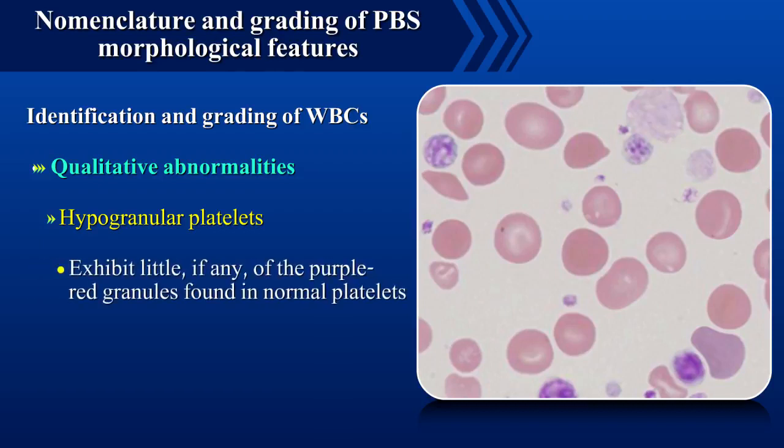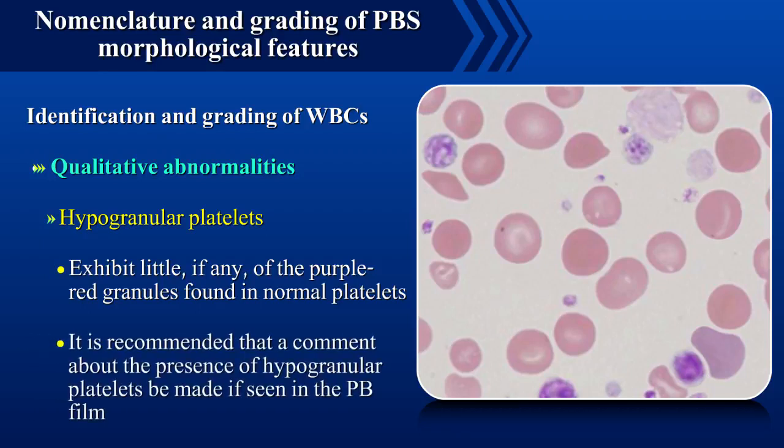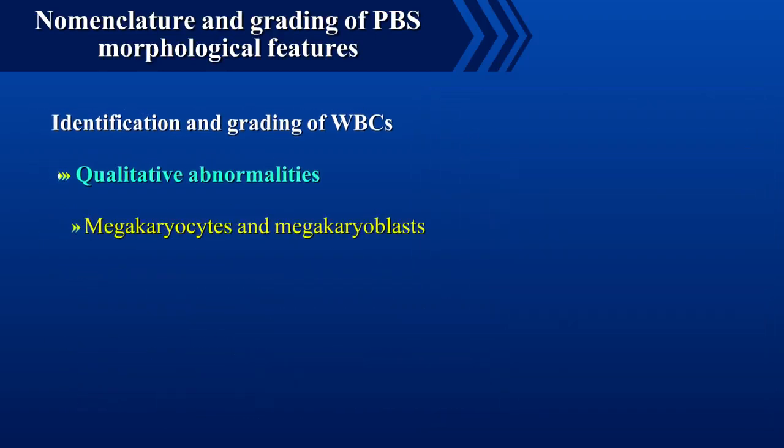Hypogranular platelets exhibit little if any of the purple red granules found in the normal platelets. It is recommended that a comment about the presence of hypogranular platelets be made if seen in the peripheral blood film. Megakaryocytes and megakaryoblasts are rarely seen in normal peripheral blood.